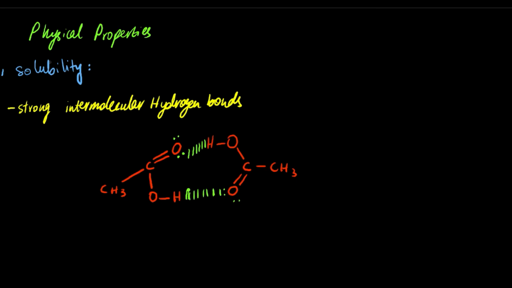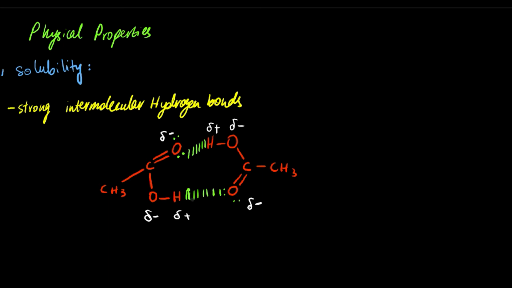And we obviously have to put the dipoles. So this would have the delta negative, this would have the delta positive, delta negative, and that is due to the difference in electronegativity, which was covered in a previous video. Again, over here also.